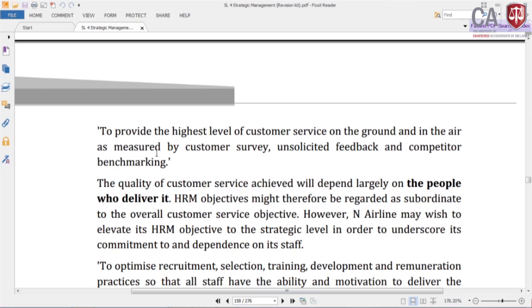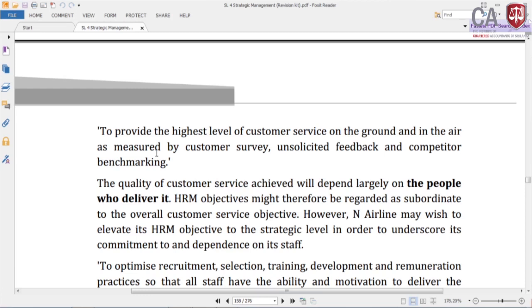The quality of customer service achieved will depend largely on the people who deliver it. Yes, whether the customer is getting the required service or not will depend on the people who deliver it. If customers get the required service, then they will have the required customer satisfaction. HRM objectives might therefore be regarded as subordinate to the overall customer service objectives.